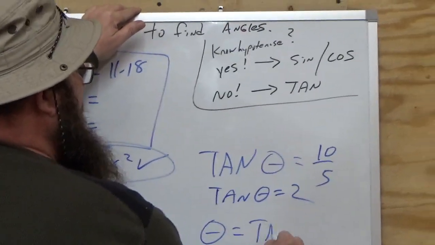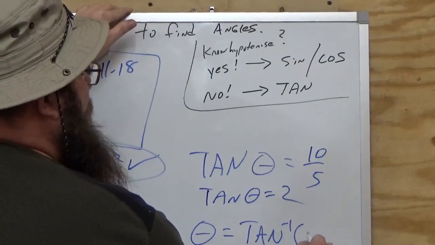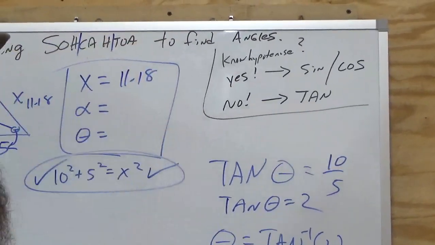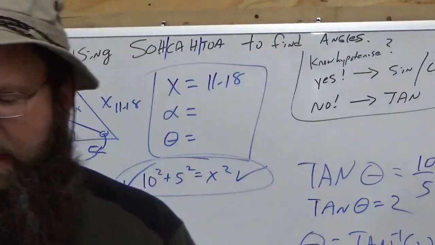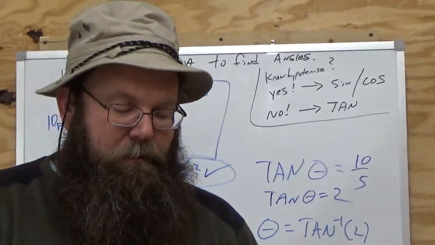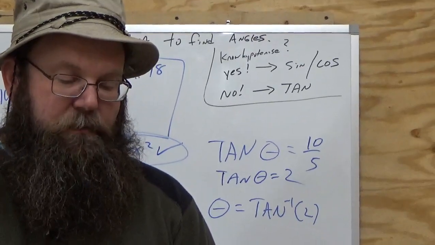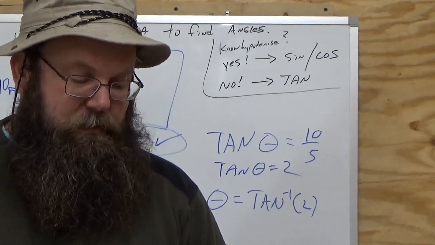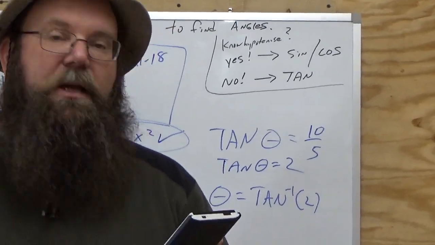Theta equals inverse tangent of 2. Where's inverse tangent? Well, wherever you found inverse sine and inverse cosine from the last problem, that's where you're going to find it here for tangent.